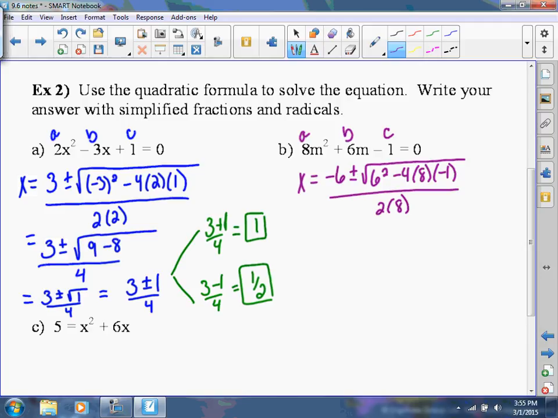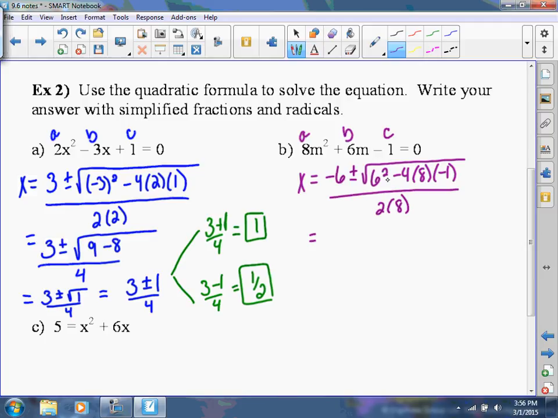Okay, now remember, if you have a negative number that you're squaring, you want to keep it in parentheses. So in part A, when my b value was negative, I put it in parentheses so that when I squared it, I remember that the negative went with it. Here for part B, this B term is positive, so I could just write 6 squared without the parentheses.